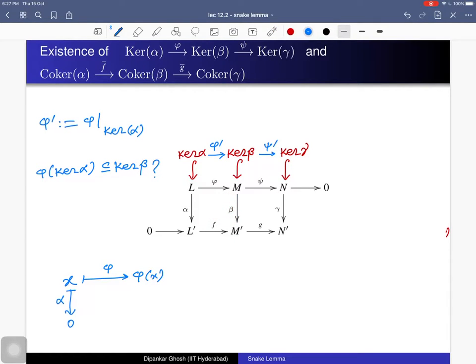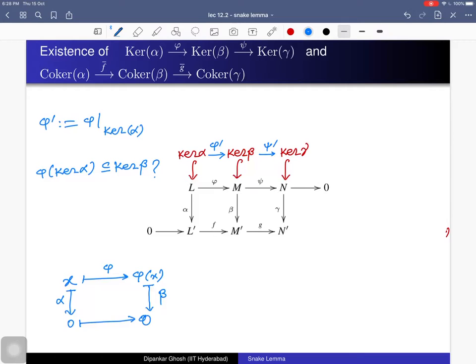Starting from this point, if we come this way, it is 0, then further if we go this way, that also should be 0, because the image of the 0 element is always 0. So, if we come this way, we get 0, and if we come the other way, we should also get 0. That says that if you apply beta on phi of x, then we get the 0 element.